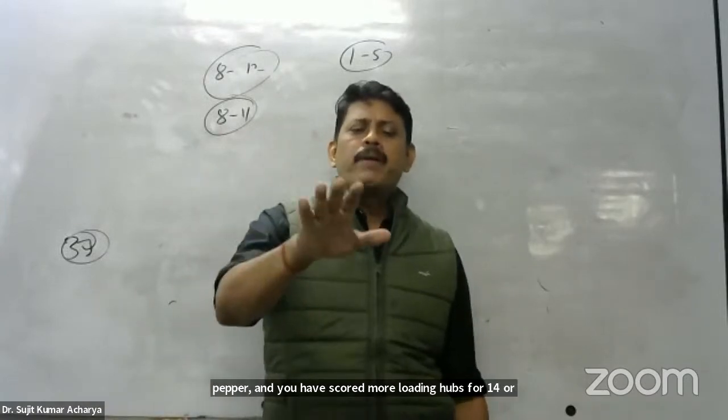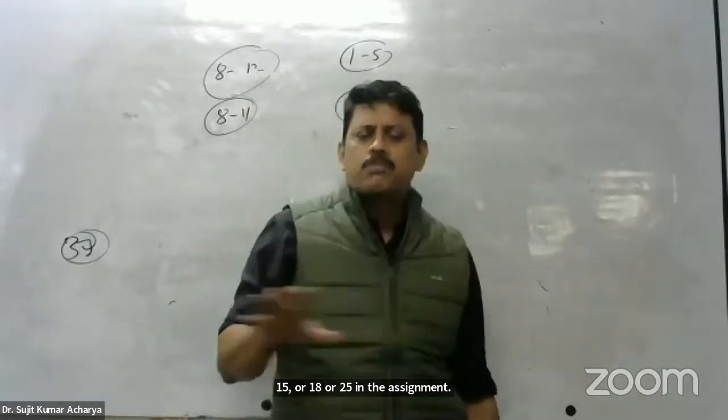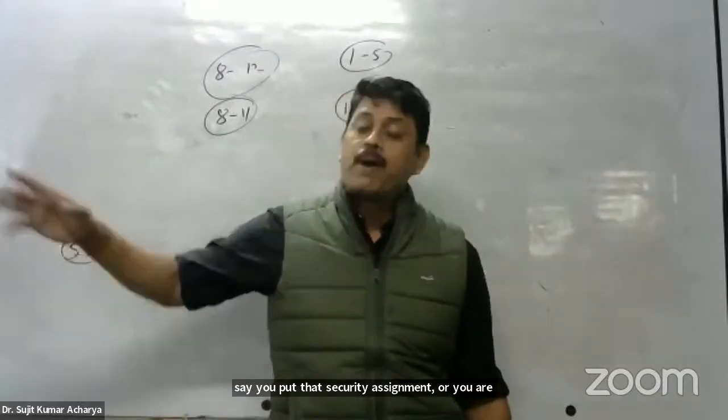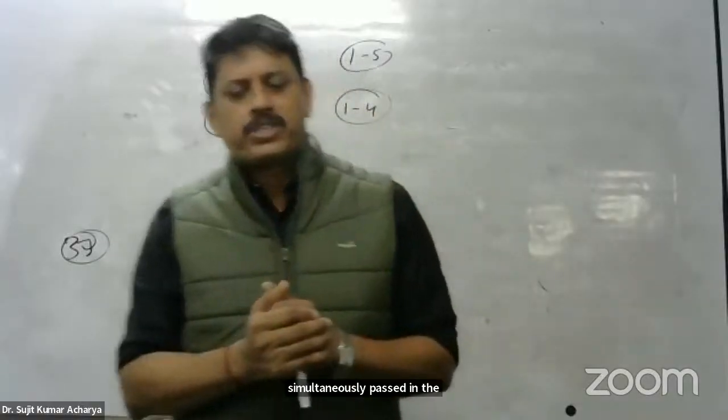Let's say you could not submit the assignment, or you scored low marks or failed in the assignment, and you simultaneously passed the university examination, then there is no need to appear for the university examination, only you need to appear for the assignment. Right? Okay, thank you. Next.